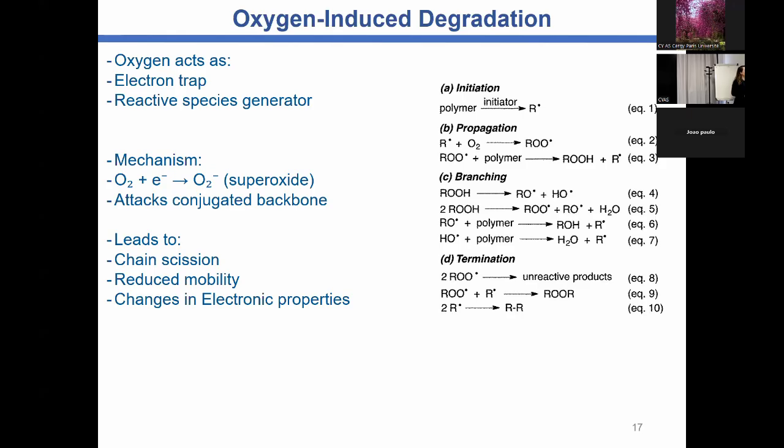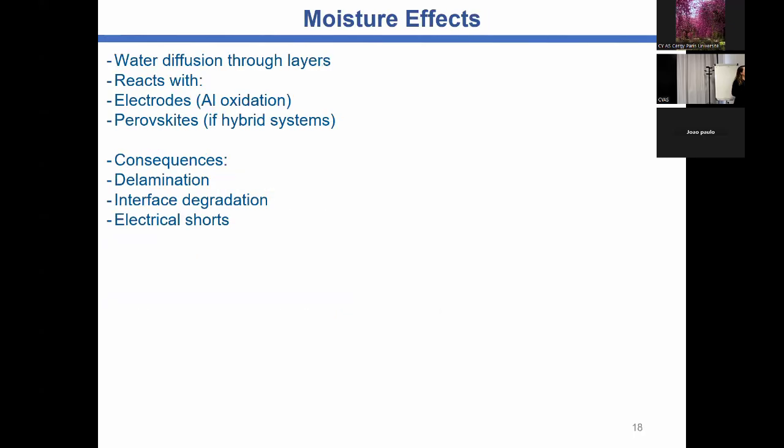So depending on the kind of radical that you have, you can also have different interactions with the oxygen and also with the water in terms of the chemical changes.